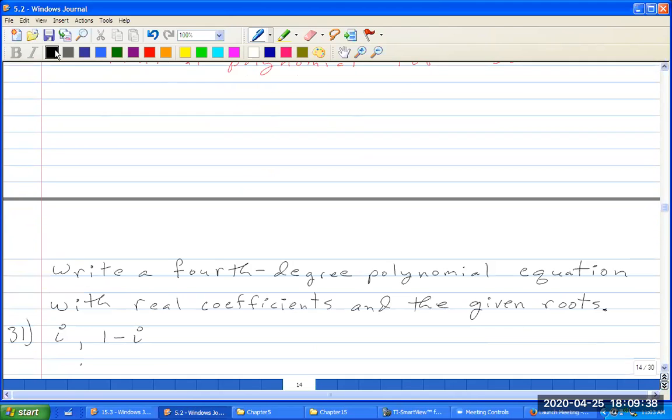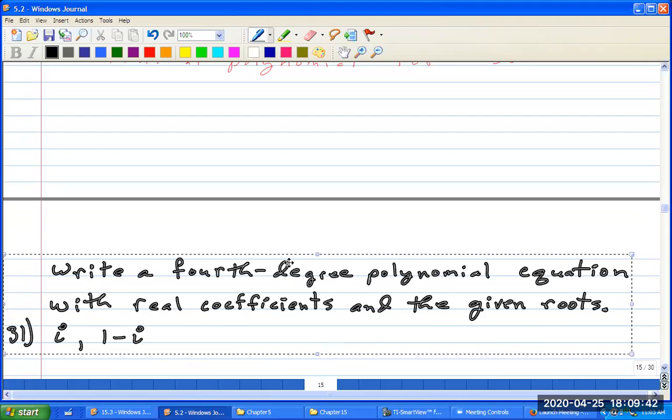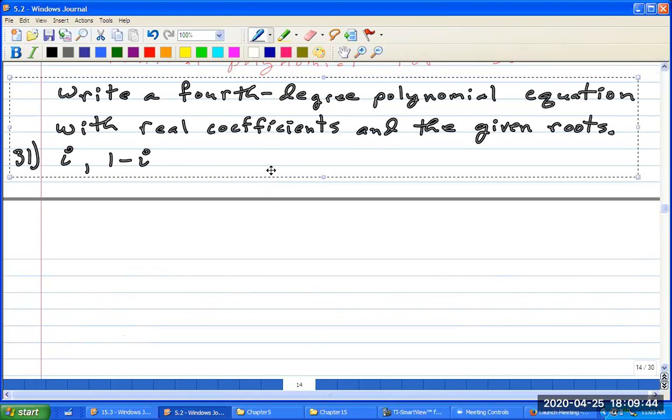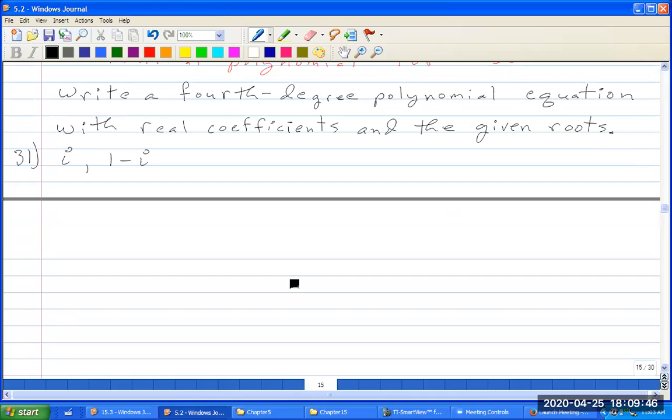Okay, let's do the next problem. I want to write a fourth degree polynomial equation with real coefficients and the given roots. So again, we're going to do the same thing as before. If i is a root, well then so is plus or minus i. And if 1 minus i is a root, then so is 1 plus or minus i.